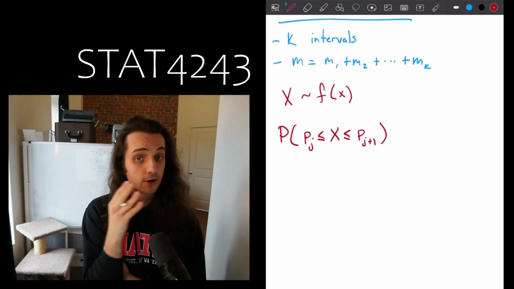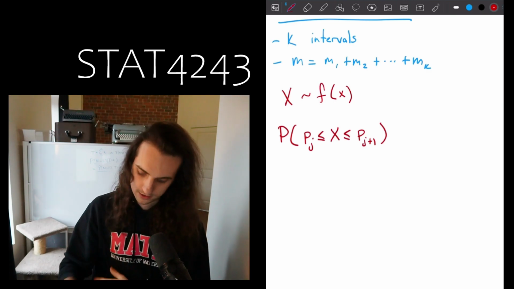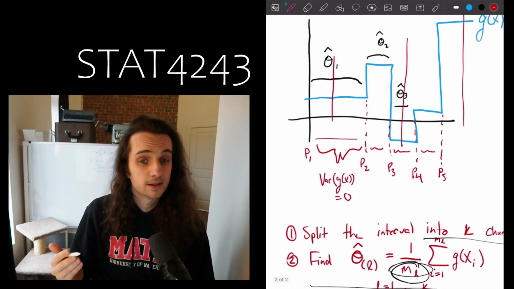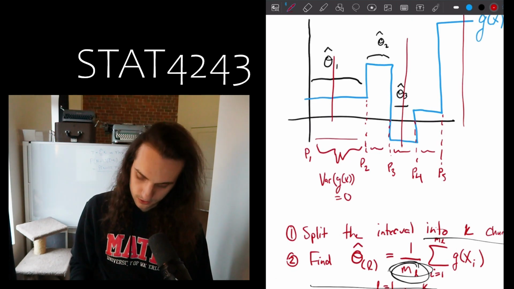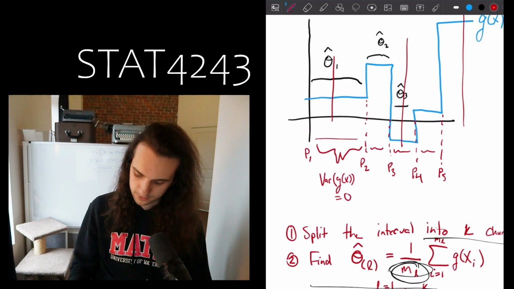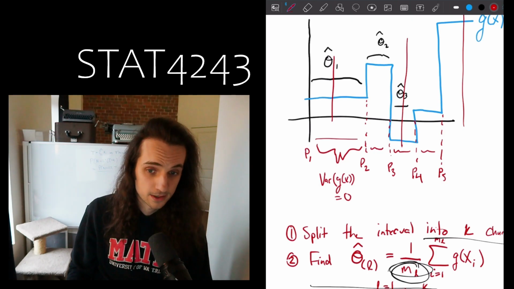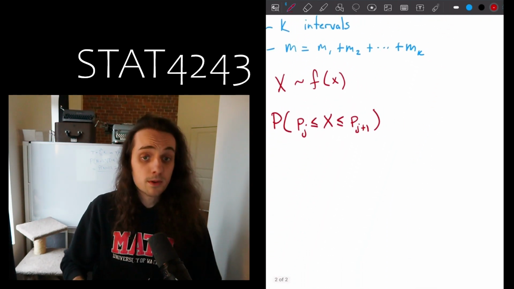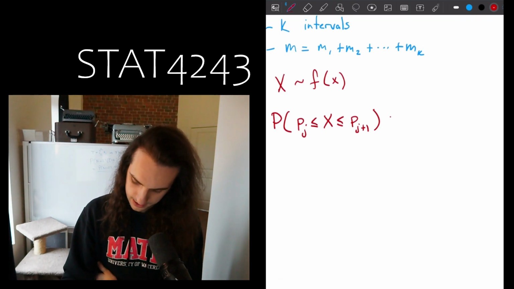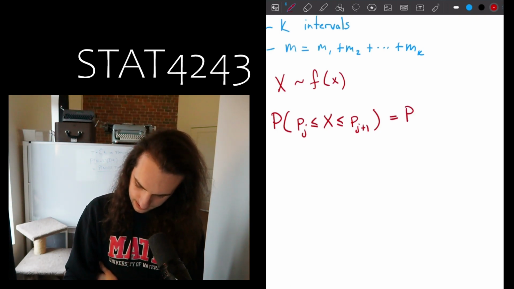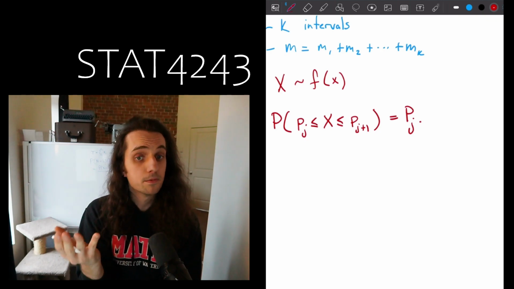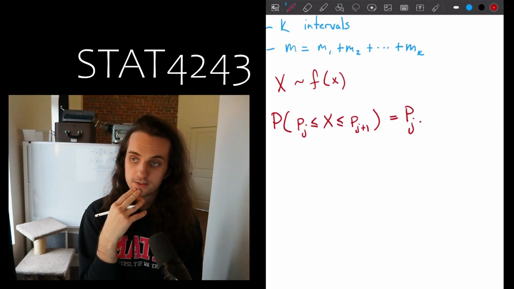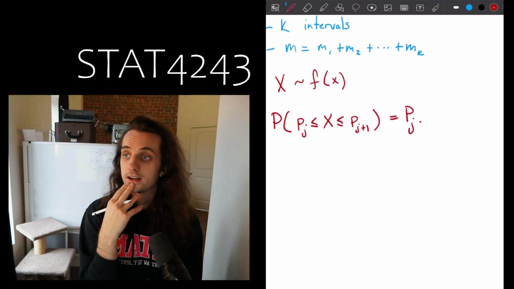So what's the probability that we're actually falling into that jth interval, right? Where we remember that our p's are our cut points. And so to be less than p2 and greater than p1 means you're falling in the first interval. To be bigger than p2, less than p3 means you're in the second interval, and so forth, right? And so maybe we take this and we define this probability right here to just be called pj. So it's the probability that a randomly selected x falls into any of the given intervals, right?